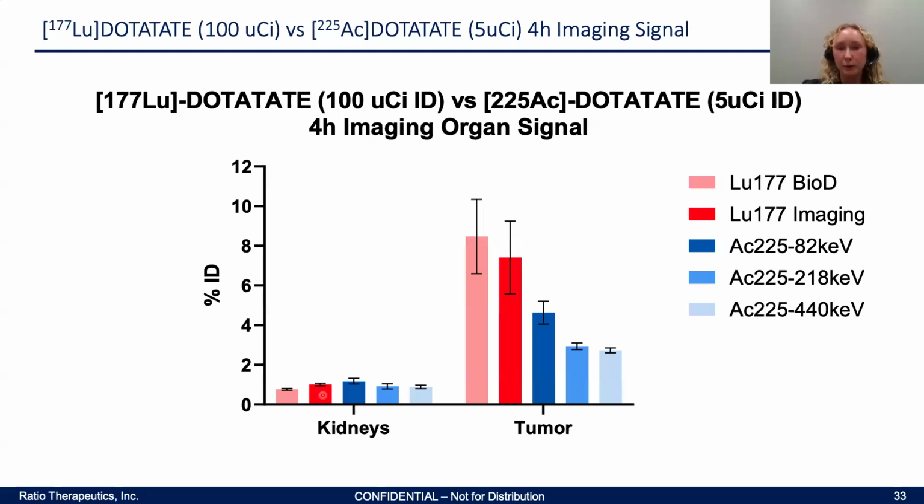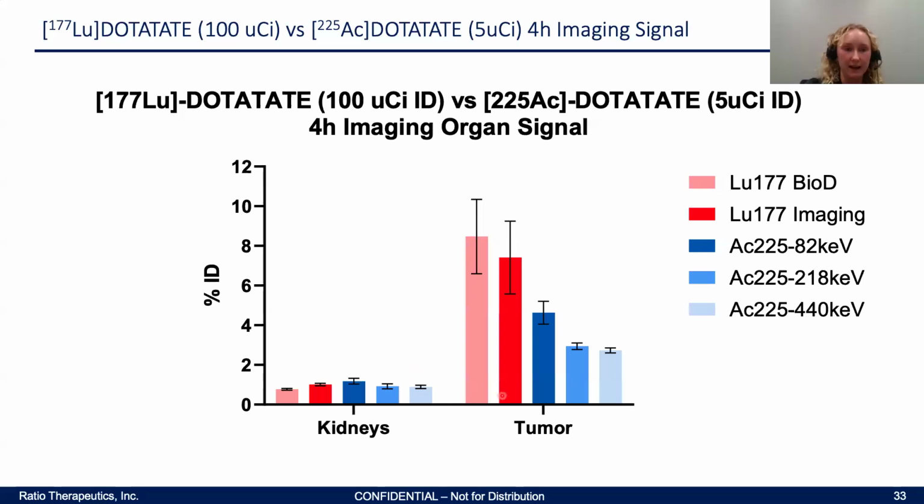And then the blue peaks are the actinium data that we looked at in the previous study shown right before this lutetium study was introduced, the 82, 218, and 440 keV peaks. So the kidney levels are all very similar, very low. The tumor levels for percent ID for the actinium are a little bit lower than the lutetium.